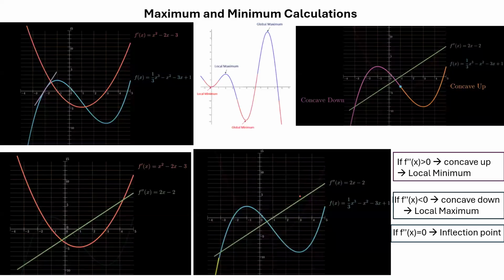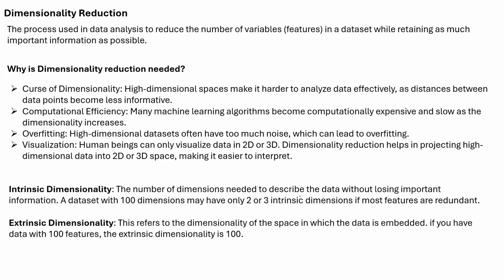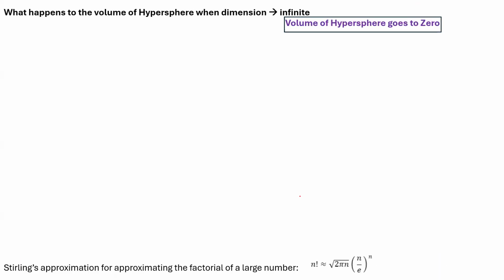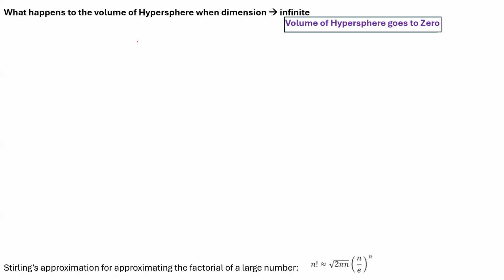Okay. We are left with a few more today. Right. So going back to this one, which is: what happens to the volume of hypersphere when dimension goes to infinity?